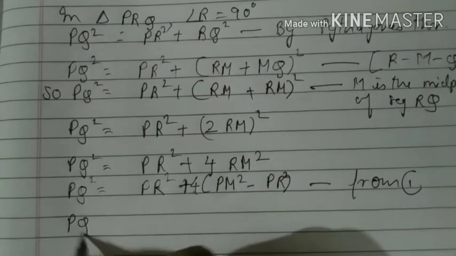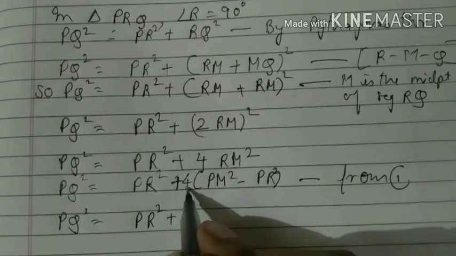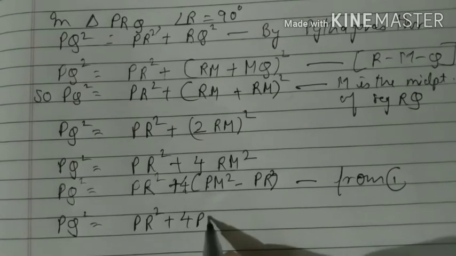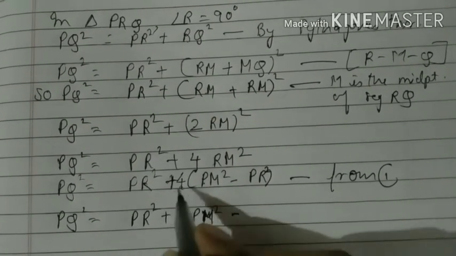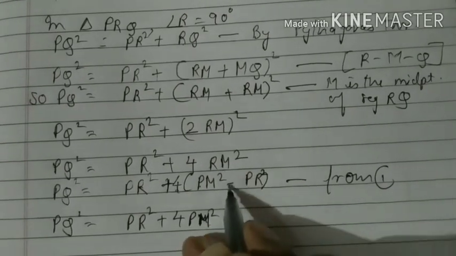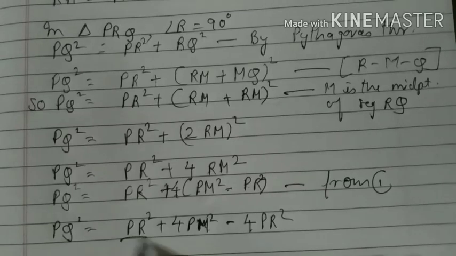Now when I open the bracket, PR square will be the same plus 4 into PM square is 4 PM square. I am opening the bracket. 4 multiplied by minus PR square will be minus 4 PR square. You can see here like terms.